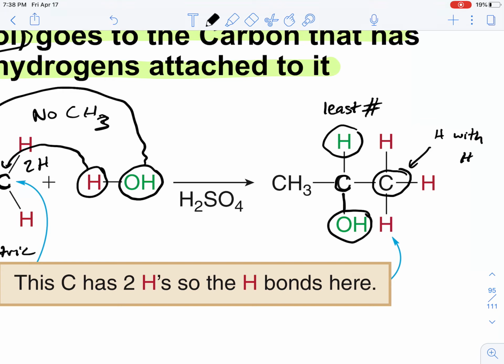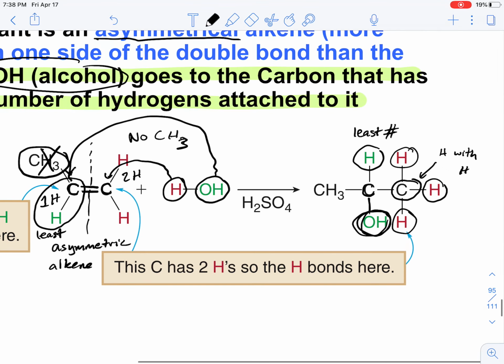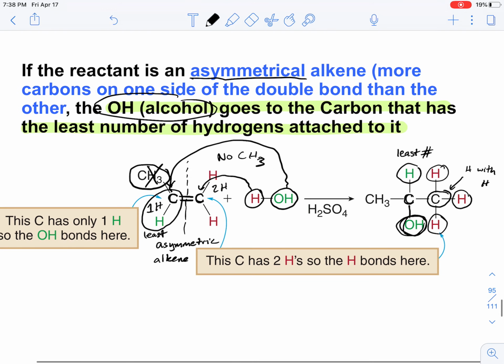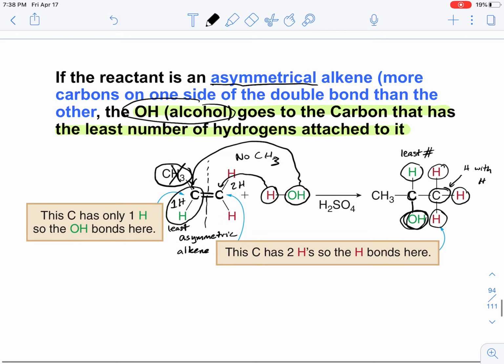Since the carbon on the right-hand side has more hydrogens, the hydrogen that's going to be added from that water molecule is going to go to it. Where your OH is just like that rebel, like, oh, I'm a free spirit, I get along with everyone, and everyone loves me, so I'm just going to go to a party where I don't really know anyone and make friends. All right, horrible analogy.